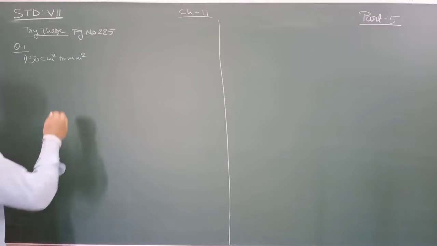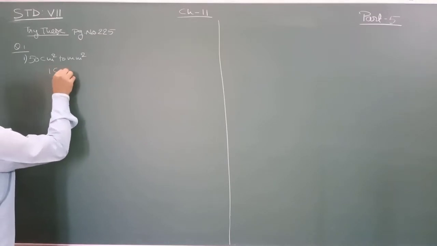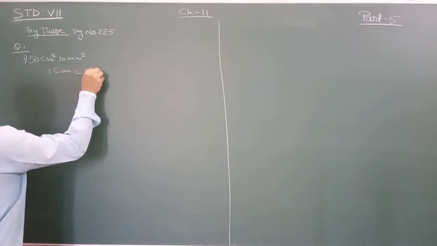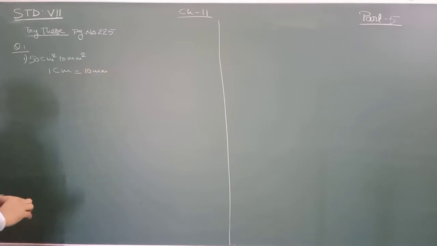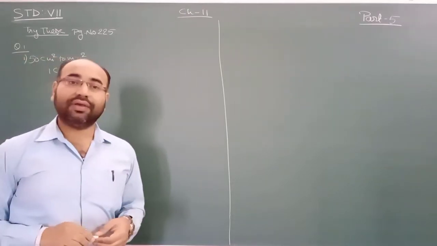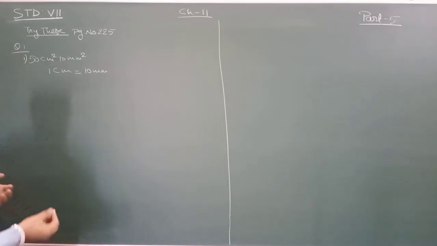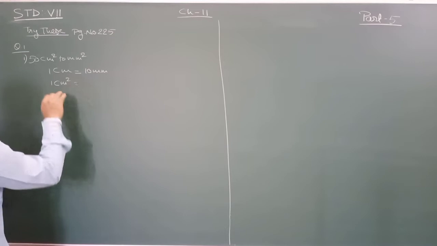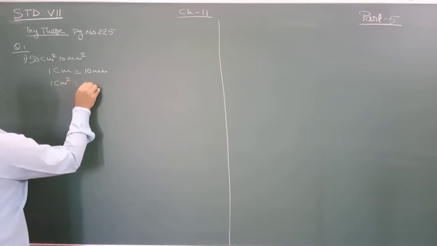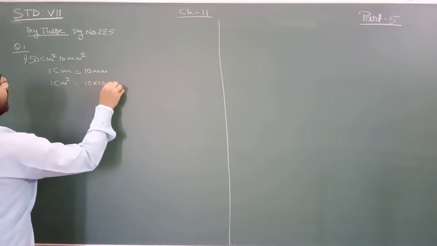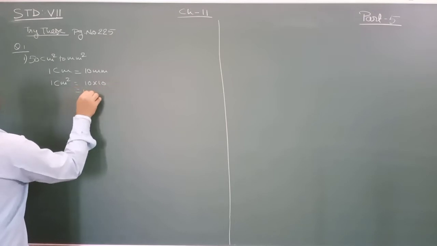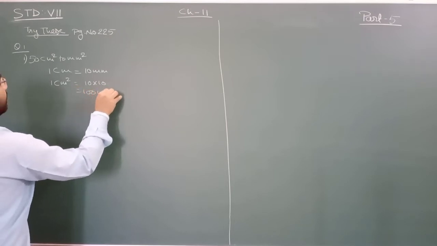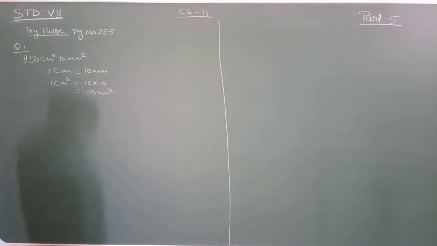So first what we know is that 1 centimeter is equal to 10 millimeter. So if we are finding 1 centimeter square, it means 1 into 1, so in the same way it will be 10 into 10, which comes to 100 millimeter square.